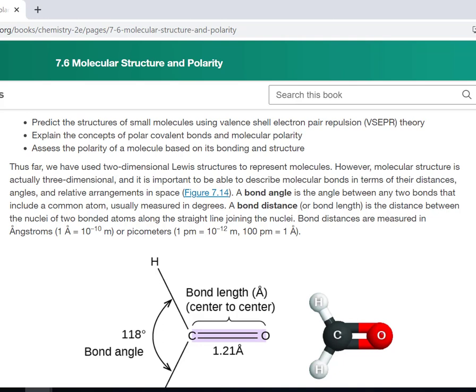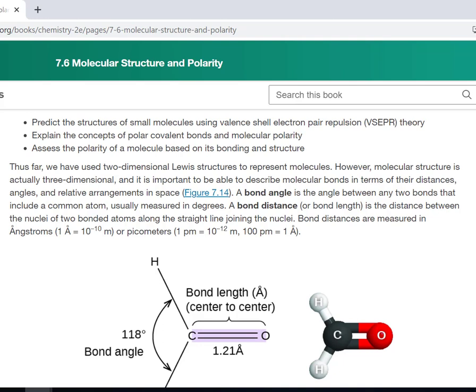It's meant to show how many bonds you have. So a lot of the misconceptions related to Lewis structures and shapes are because Lewis structures are not meant to indicate a shape. So there's a lot of information, if we care about the shapes of molecules, that is not included in a Lewis structure.